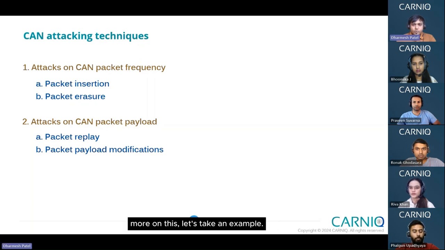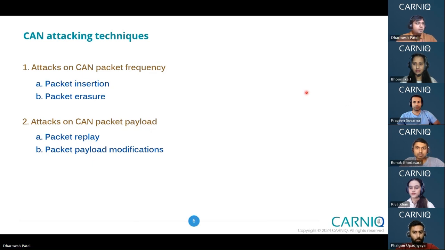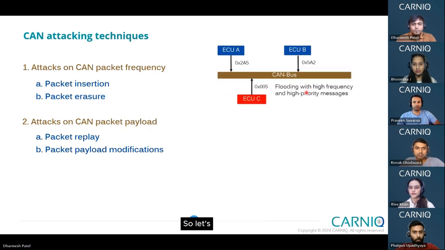To understand more on this, let's take an example of how packet insertion occurs in the system. In this illustration, you can see two ECUs sending data on the CAN bus. One ECU, ECU A, is sending its data with the CAN identification number 0x2A5.